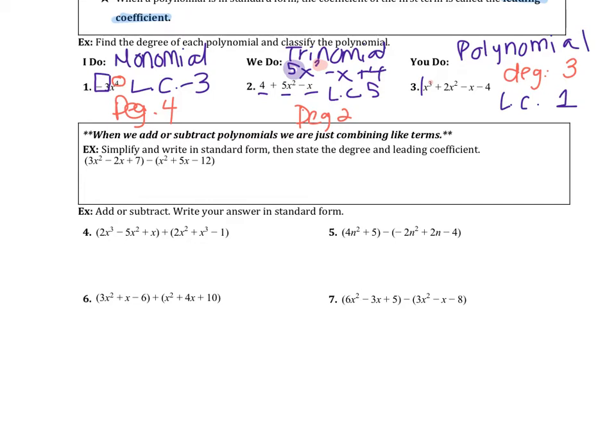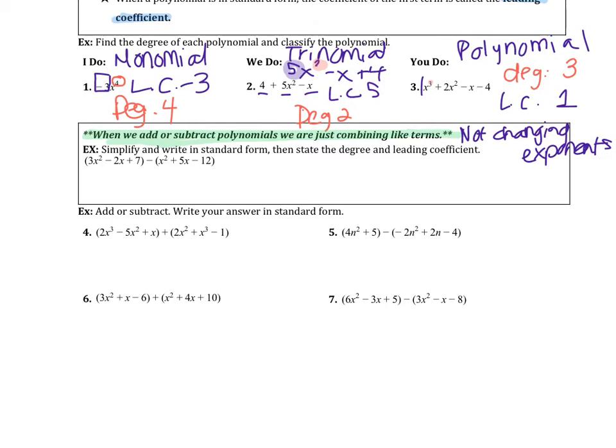So when we are adding and subtracting polynomials, what we are really doing is just combining like terms. And remember, like terms have to have the same variables and the same exponents in order for us to combine them. And when we are combining them, we are not changing the exponents, because when we're adding something, we're just counting how many of them we have.